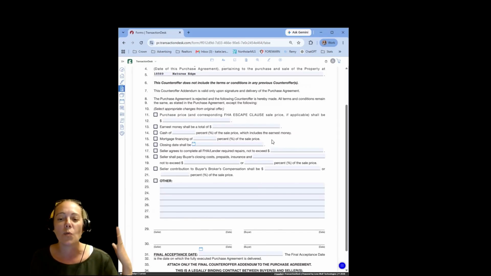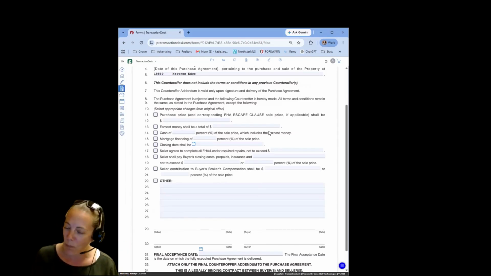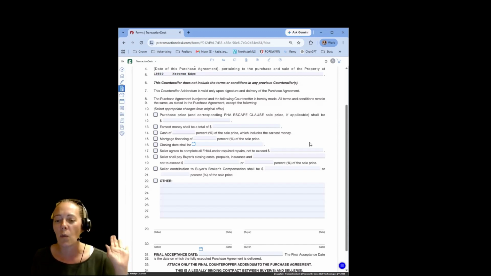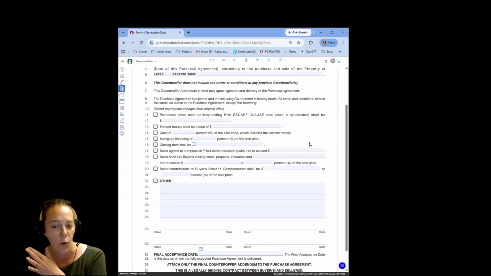This is just the state saying, we know you guys use these often. And so we're going to go ahead and put them right on the counter so that you don't have to go find the purchase agreement line that the closing date is on, or change the mortgage financing in a certain way. We're going to streamline this for you. Okay.